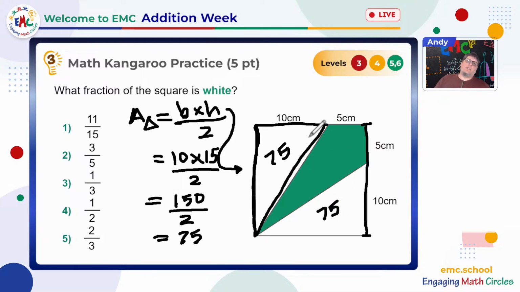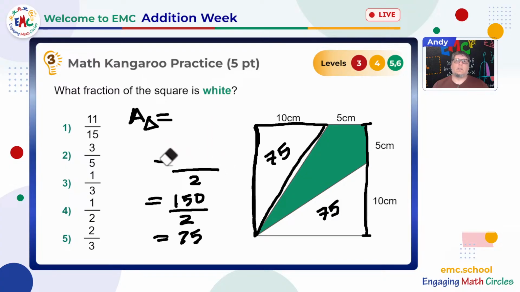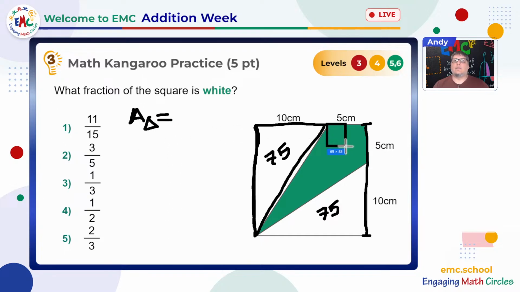Now we just have to figure out the area of the green part, the area of the kite. Well, luckily, we can break this down. We have a square right here and 2 triangles.